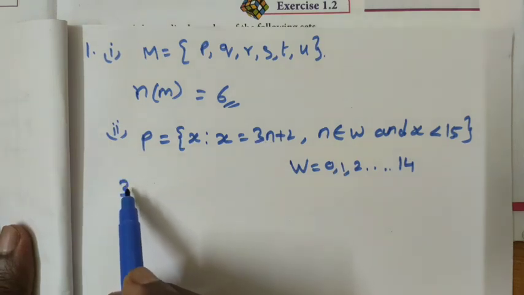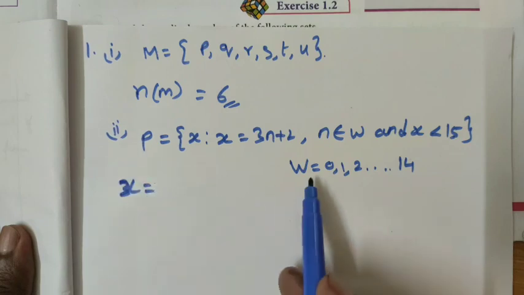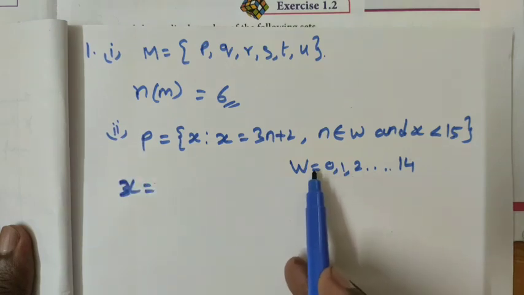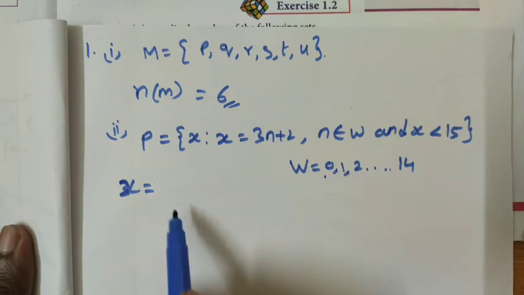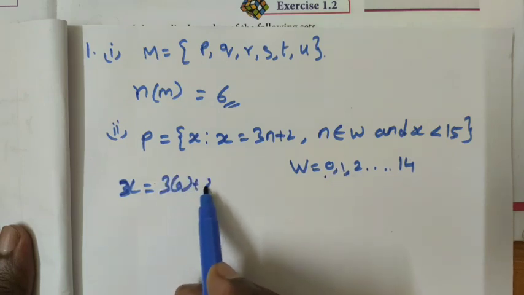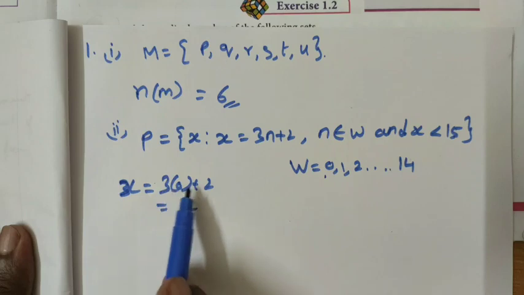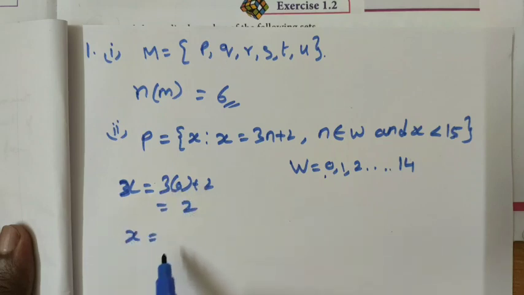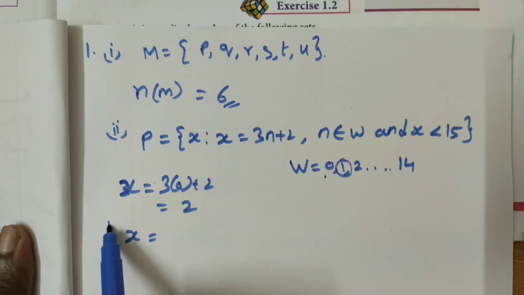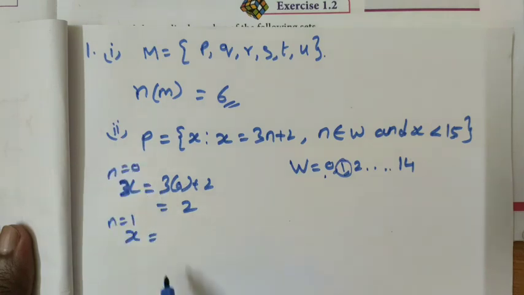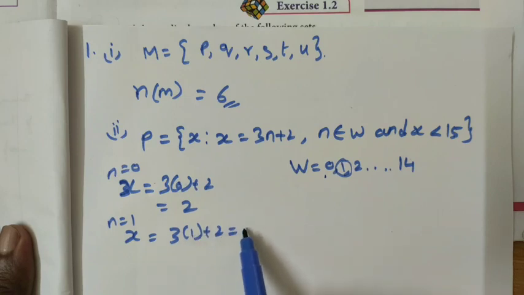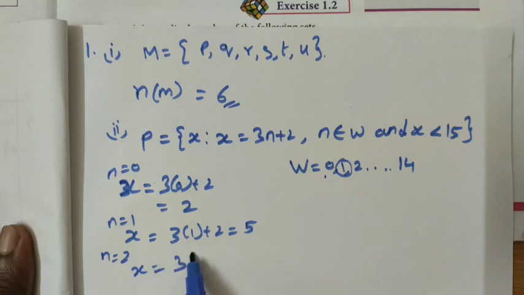So, in the place of n, I am going to apply the values 0, 1, 2. When n is equal to 0, x is equal to 3 into 0 plus 2, which is 2. When n is equal to 1, x is equal to 3 into 1 plus 2, 3 plus 2 is 5. When n is equal to 2, x is equal to 3 into 2 plus 2, 6 plus 2 is 8.